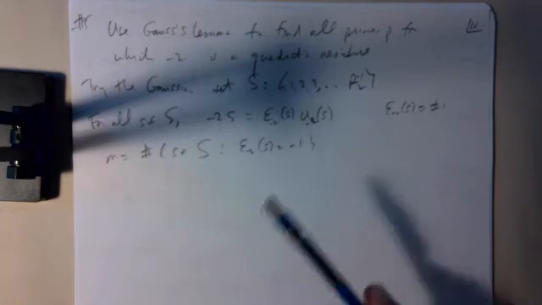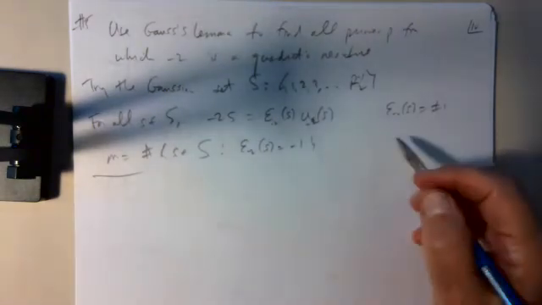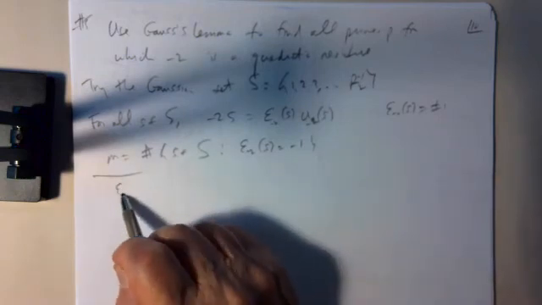It depends on which element s from the Gaussian set you're choosing. So for example, let's just start to do some calculations. So what's epsilon -2 of 1?